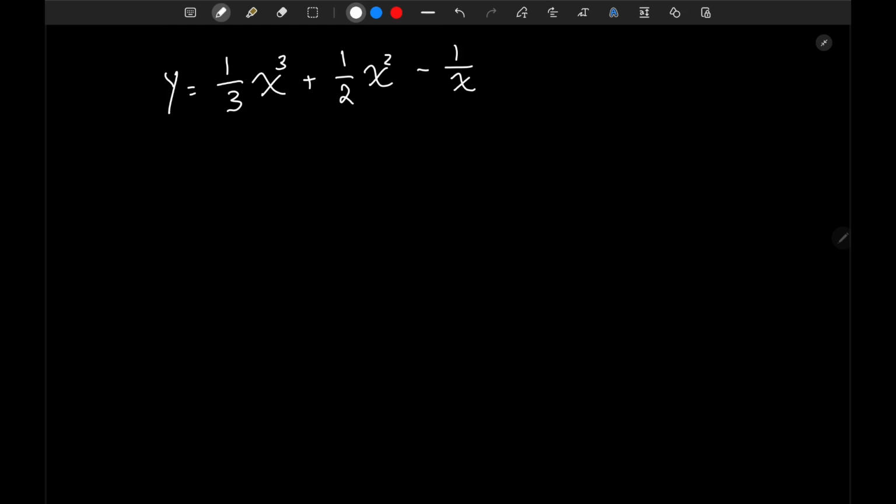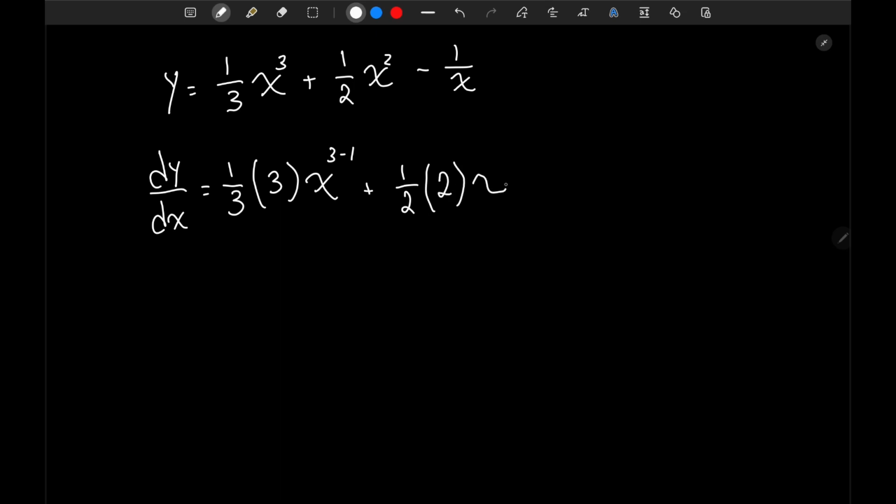Here we have some fractions, but we're going to follow the exact same principle. We take the derivative, we have dy over dx is equal to 1 over 3 multiplied by the exponent 3, x cubed minus 1 from the exponent, plus 1 over 2 multiplying by the exponent of 2, x squared minus 1 from the exponent, minus, and then if we think about this one here, this is going to be x to the minus 1.